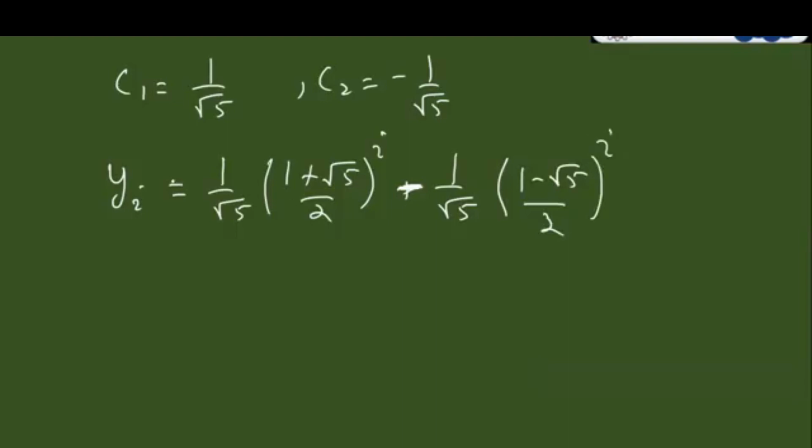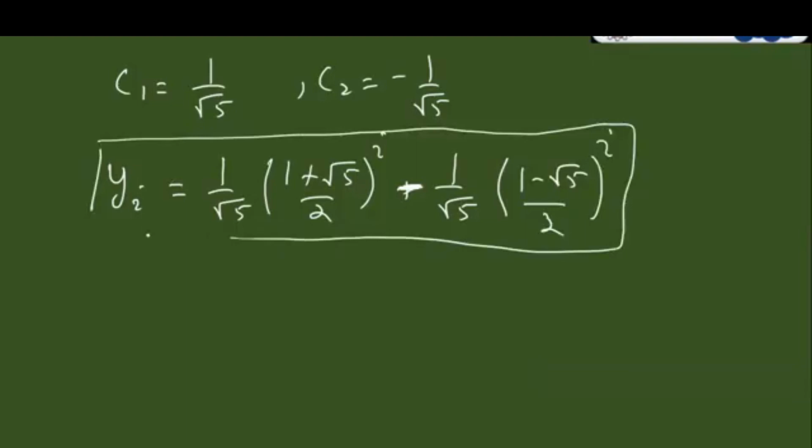So c1 times 1 plus root 5 upon 2 to the power i, plus this c2, which is minus 1 over root 5, times 1 minus root 5 upon 2 whole to the power i. So this is the formula.